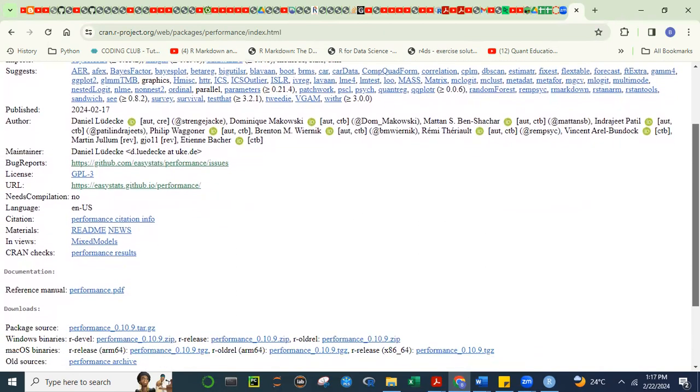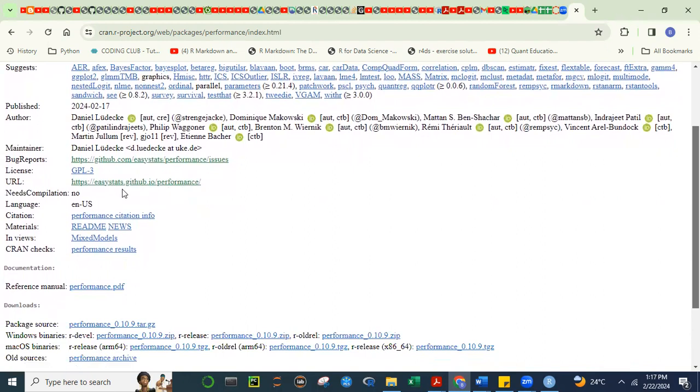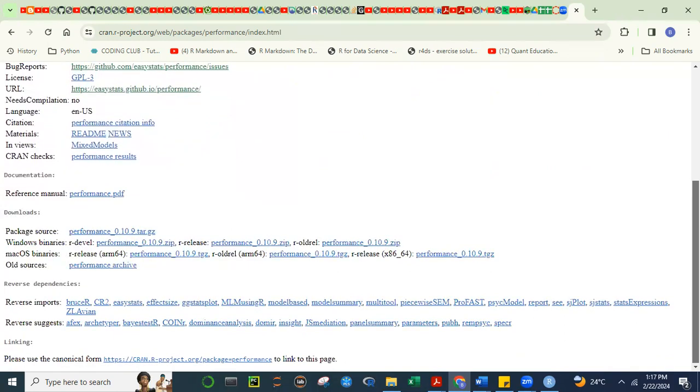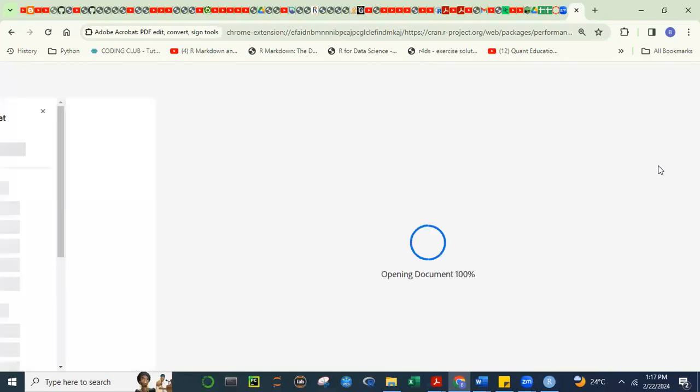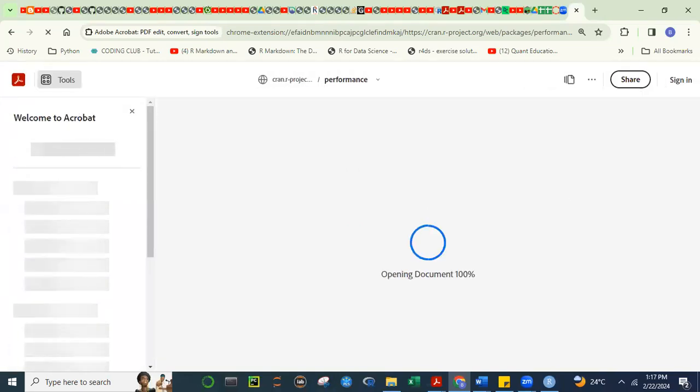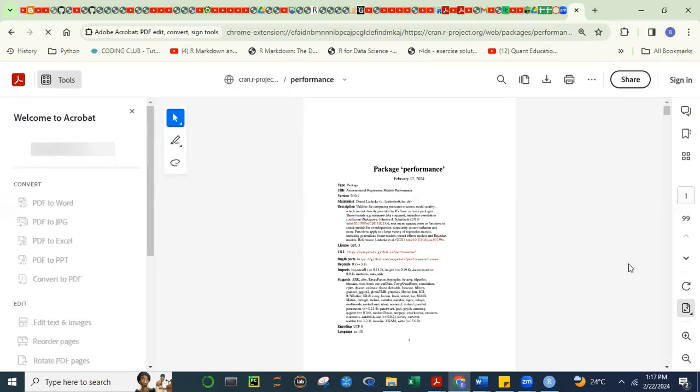Bug reports, URL. It's on GitHub. Okay, anyway. Oh, here it is, the reference manual. There. Performance.pdf. Always a good practice, class, to study the package.